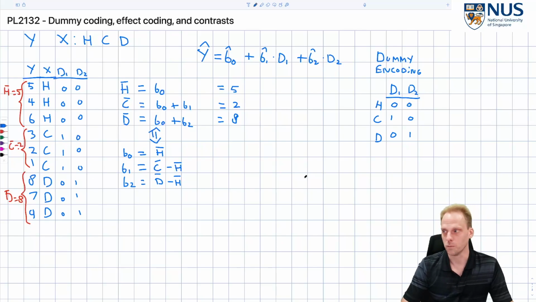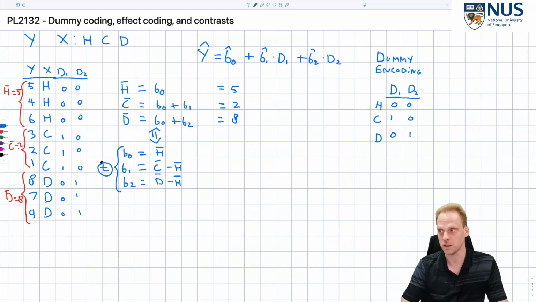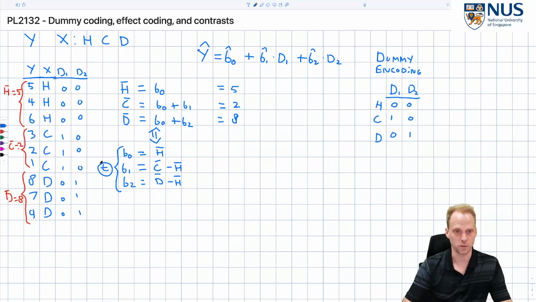Now we get some more interesting things. These parameters also have associated t statistics that we can use to test hypotheses on the parameters themselves. For example, we might have a hypothesis, let's say, that the average of cats is higher than the average of hamsters, right? And that's associated with a null hypothesis that the average of cats equals the average of hamsters.